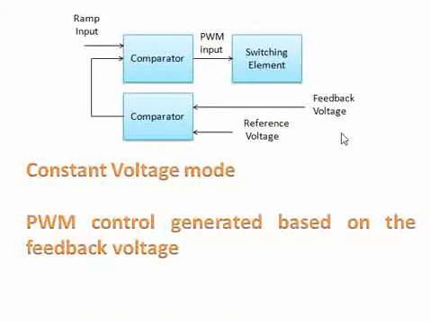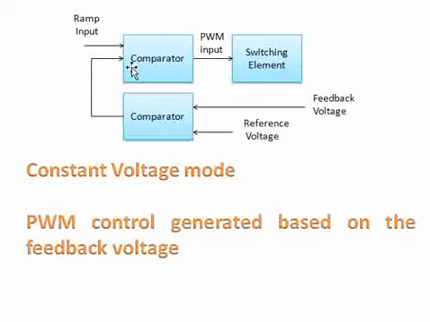So we have constant voltage mode. Let us assume this is a switching element. We have to switch this element at a particular duty cycle to generate the output. To generate the switching cycle, we said we will provide the PWM input to this switching element, correct? This PWM at a constant frequency is generated from a comparator, which is an internal circuit.